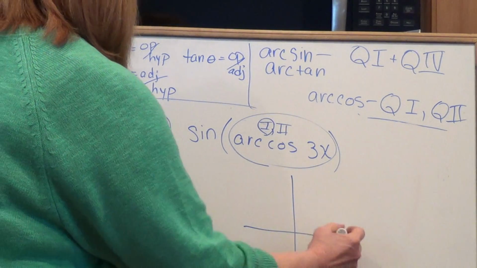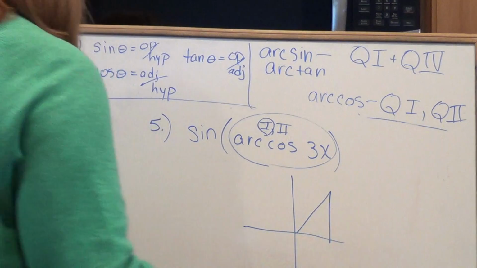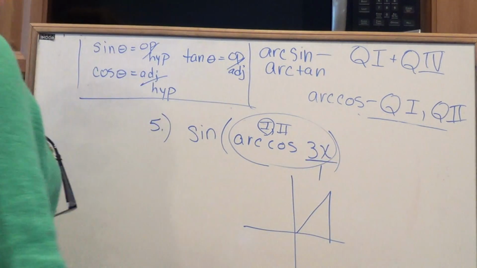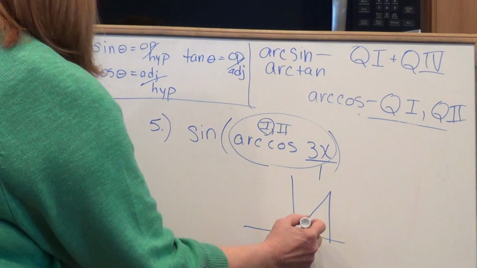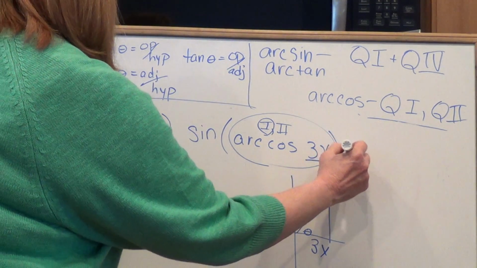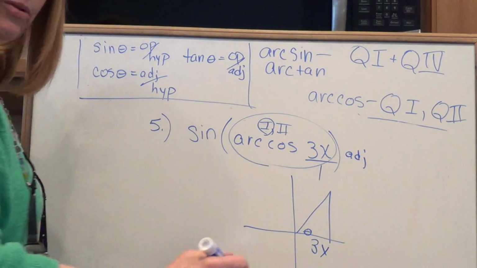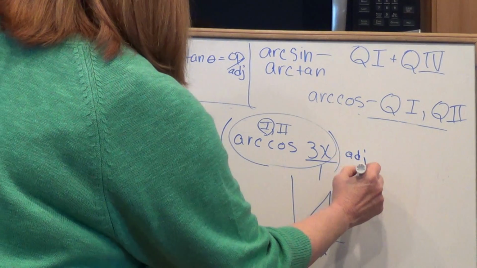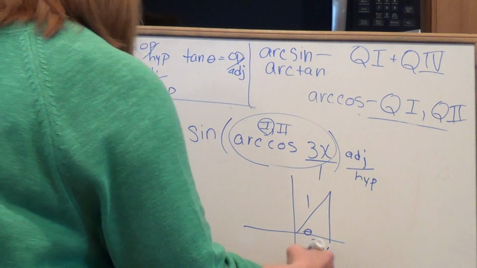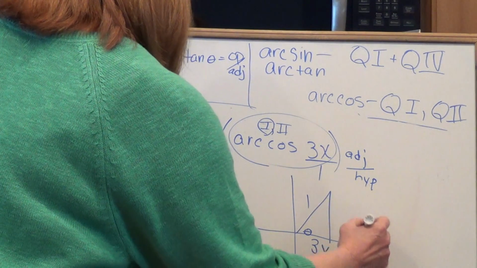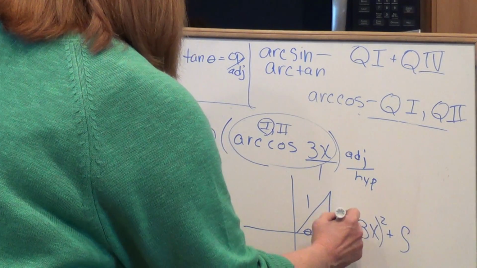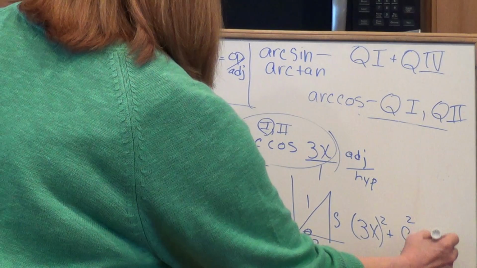So I'm going to draw a first quadrant triangle, and make a fraction out of it. This is the side adjacent to the angle, and this is the hypotenuse. And so I've set it up. If I Pythagorize that, 3x squared plus the side I'm looking for squared equals 1 squared.